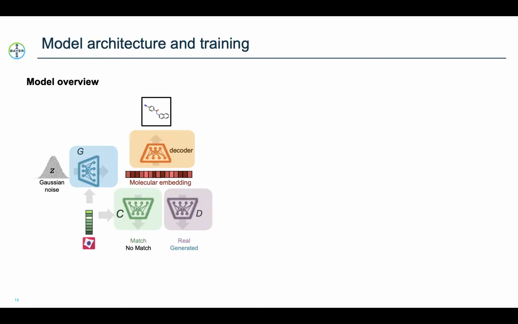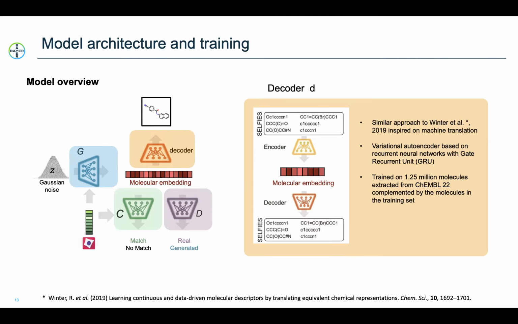To conclude, the model consists of 4 different models, which are trained on different data sets and at different stages, and I will go through each of them now. The first one is the decoder. The decoder consists of a variational autoencoder, which is trained to translate between different, equivalent representations of the same molecule.